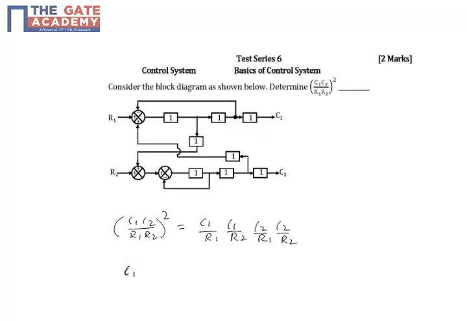So C1 by R1 is equal to 1 into del 1. Del 1 is the determinant of the loop that is not touching the first forward path, or in this case the only forward path. There is a loop here that is not touching the first forward path, having a gain of -1. So I will get 1 minus -1, so it is 1 plus 1, divided by del.